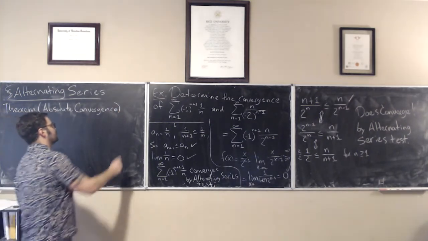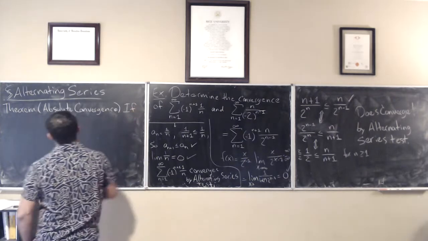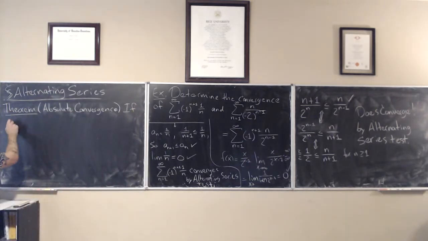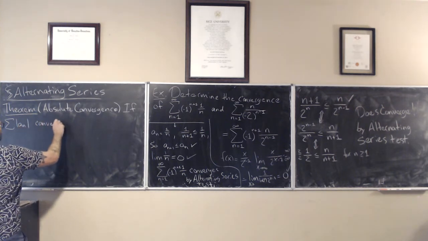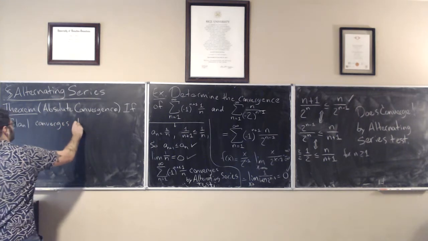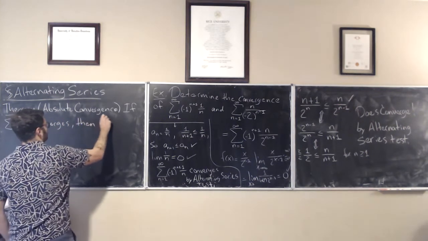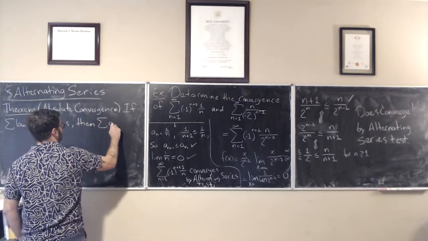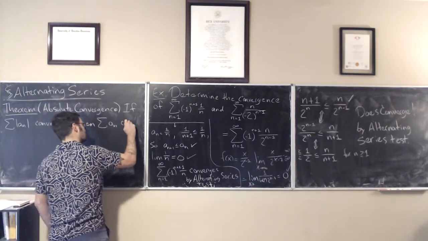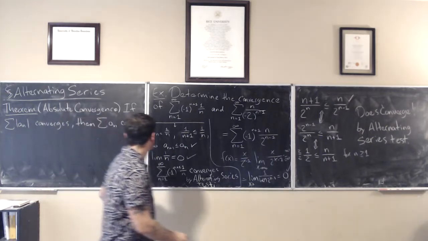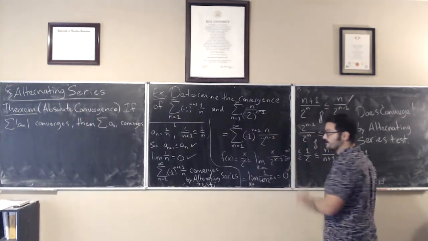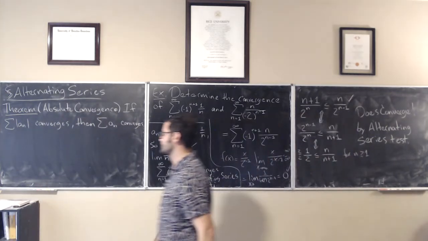So what does this say? It says that if the infinite series of absolute values of a sub n converges, then the series without absolute value converges. This is the absolute convergence theorem.